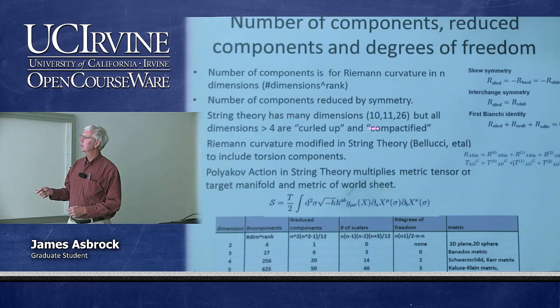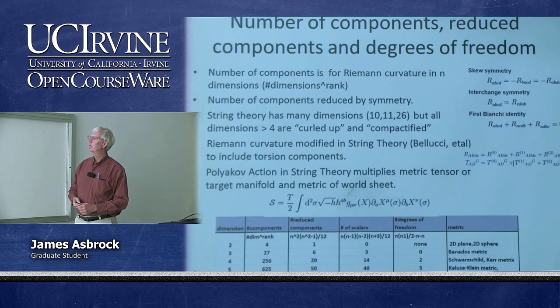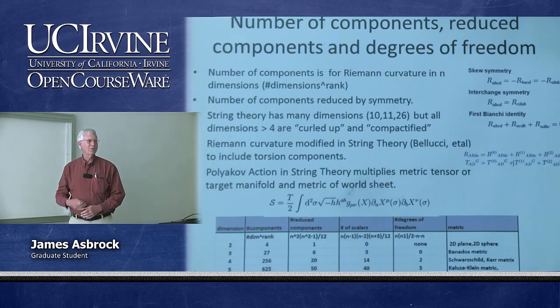Most of the string theories have very large dimensions, 10, 11, and 26. But all the dimensions greater than 4 are curled up, and they compactify them, so they don't have this many equations to solve. So they always get back to something similar to the 4 dimensions that we did in class, because they usually compactify these other dimensions.